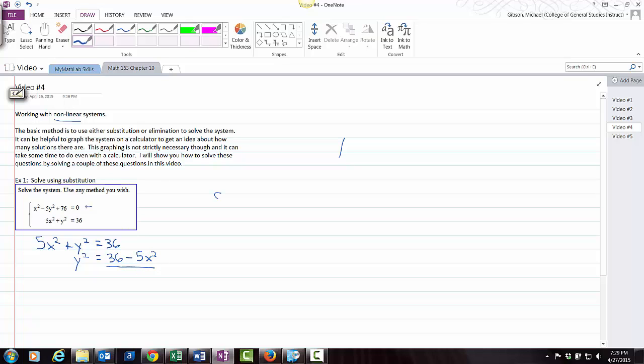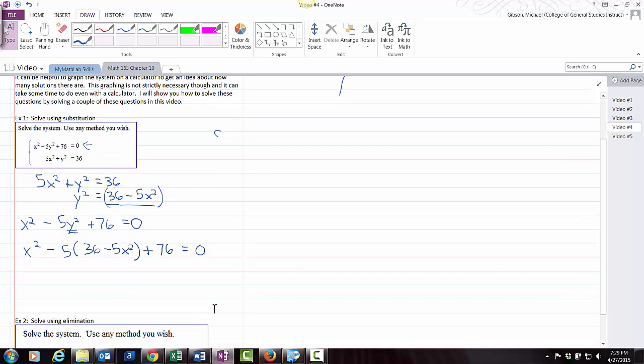So then let's look at this other equation. I've got x squared minus 5y squared plus 76 equals 0. Well, where I have a y squared here, I'm going to plug in this whole quantity. Okay, x squared minus 5 times 36 minus 5x squared, plus 76 equals 0. All right, let's multiply this out.